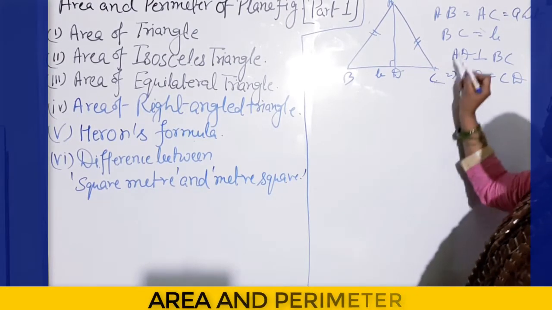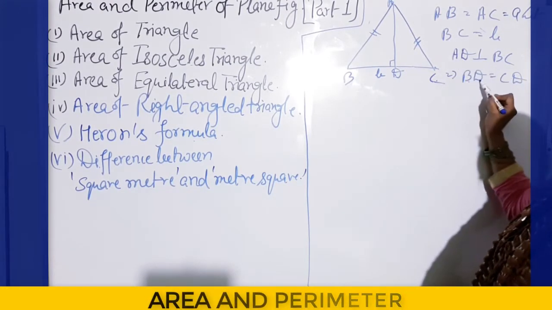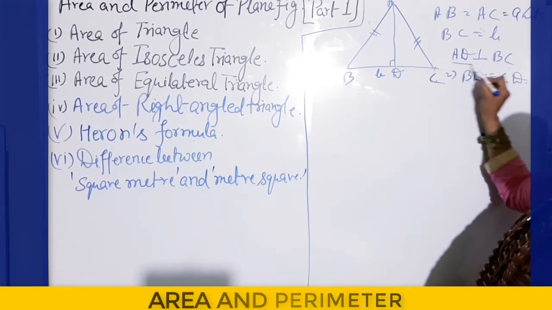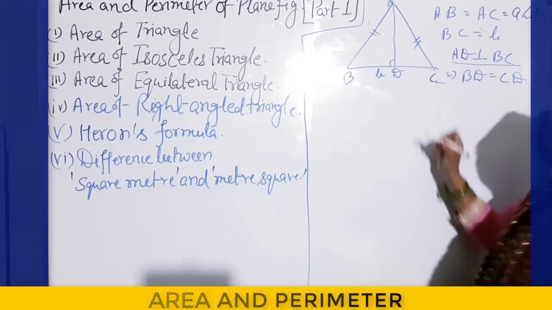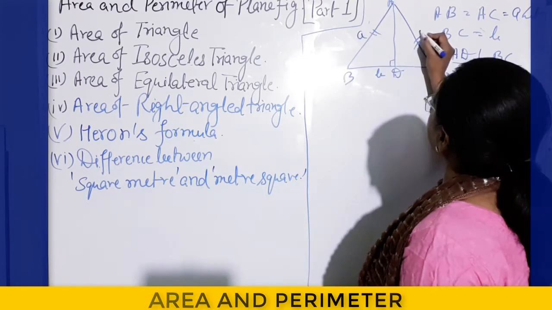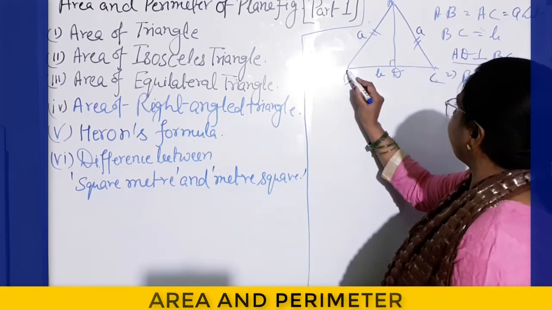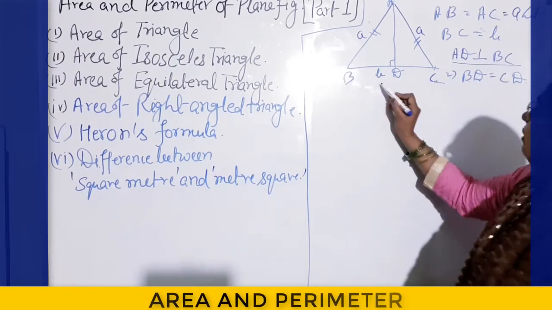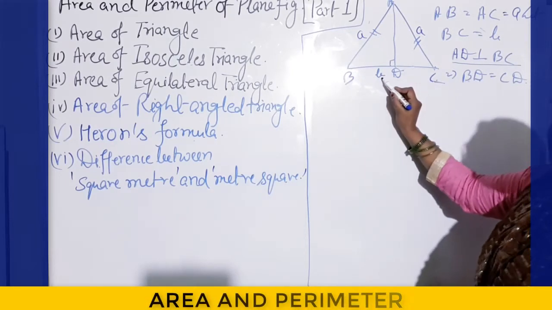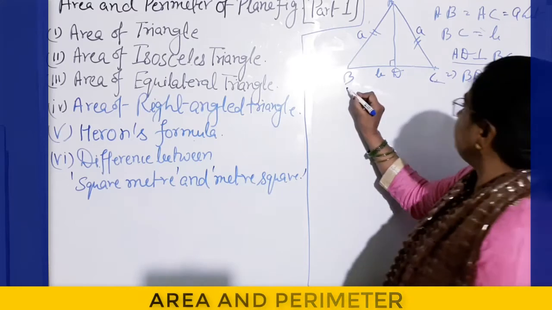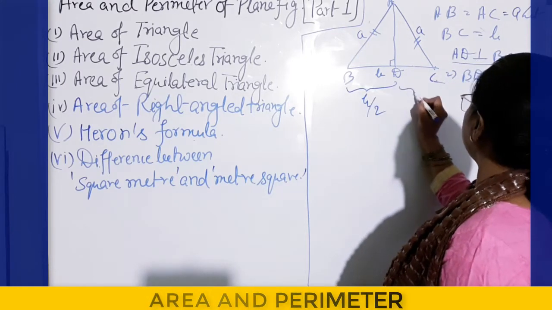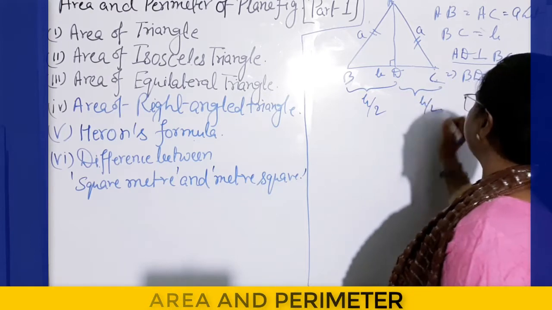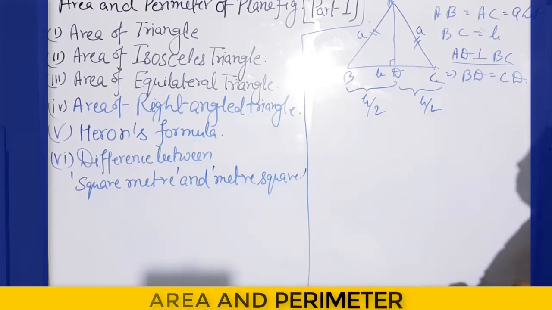BD is equal to DC if AD is perpendicular to BC. So suppose this side is A, this also A, and if we have taken BC equal to B, it means this length is B by 2 and this one also B by 2.